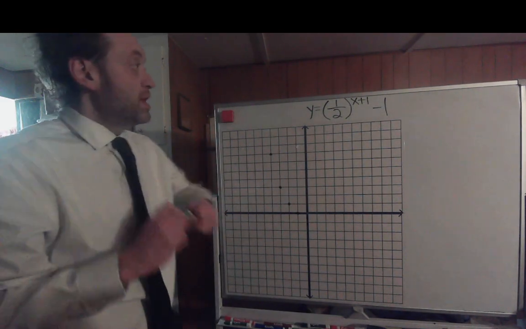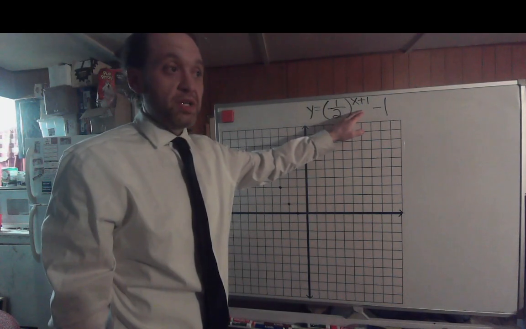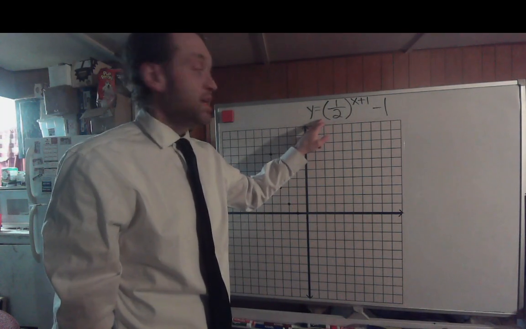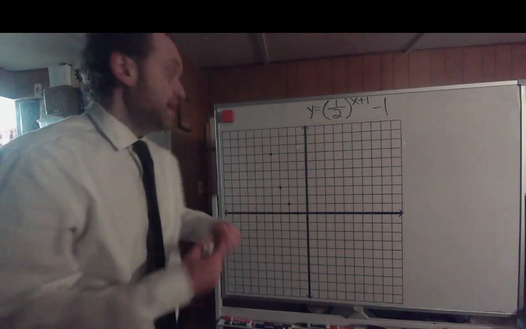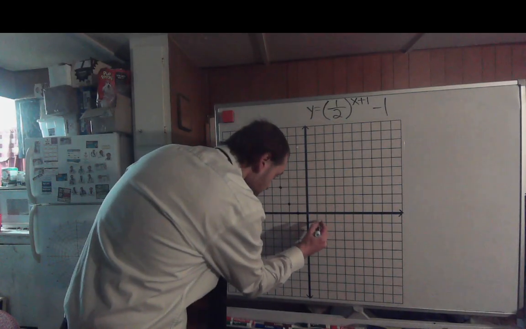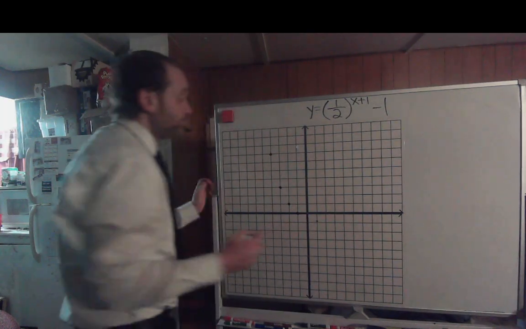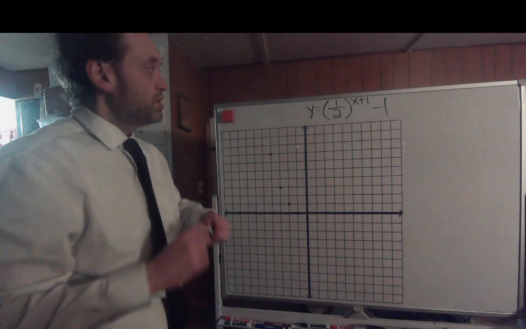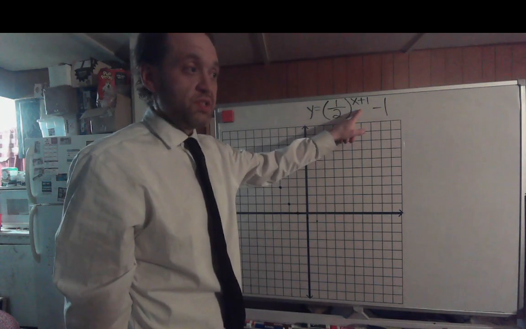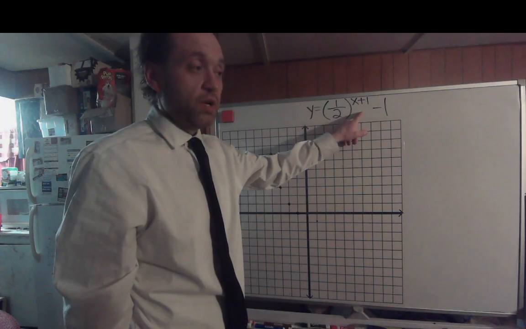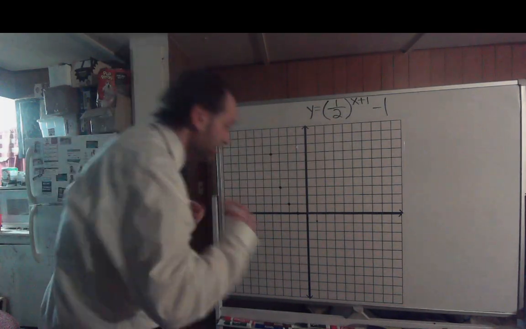Now, what about when x is 1? 1 plus 1 is 2. 1/2 to the second is 1/4. Minus 1 is -3/4. So you'd be all the way down to -3/4 for your y. And then for good measure, let's do x is 2. So 2 plus 1 is 3. 1/2 to the third is 1/8. Minus 1 is -7/8.